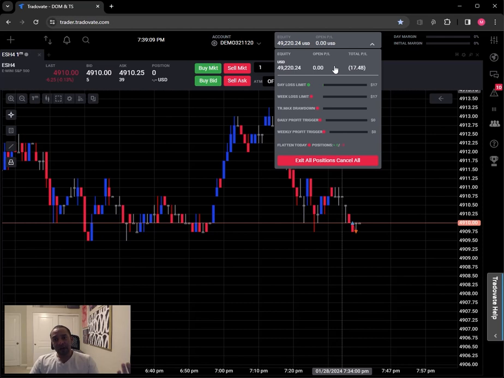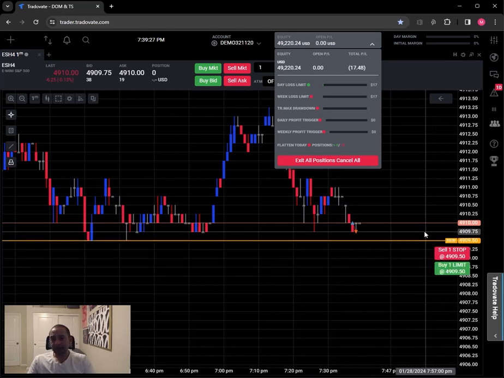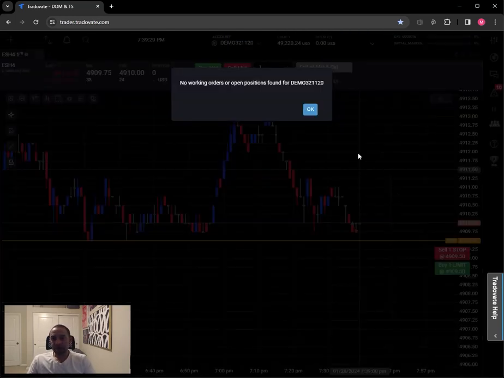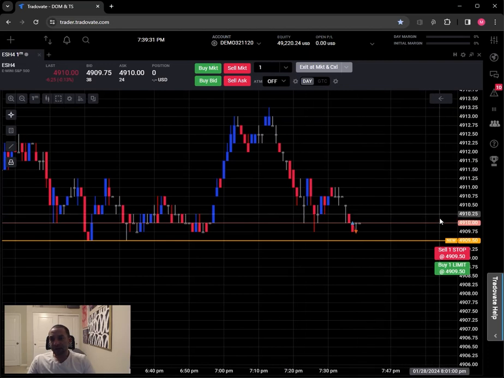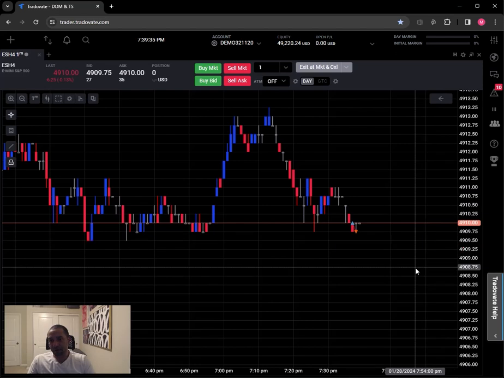So every single tick on the S&P 500 E-mini futures, every single contract per tick is $12.50. There are 4 ticks in every point. So from 49.10 to 49.11 is 4 ticks.